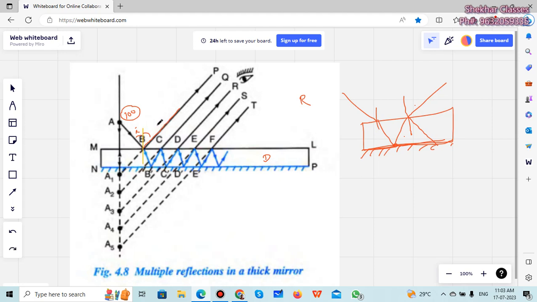Say 10% of it got reflected. So 10 out of 100 got reflected, and 90 will pass through.